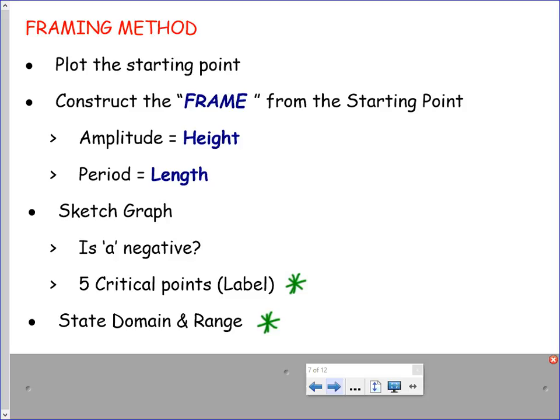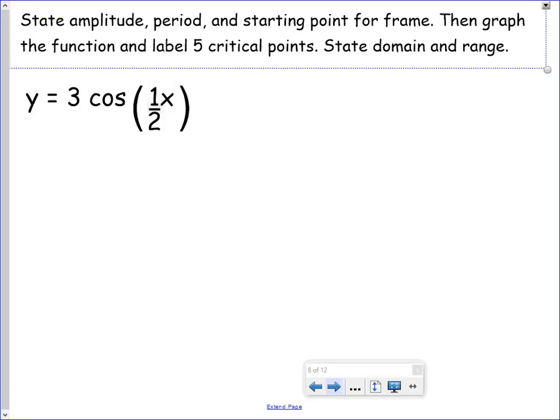Okay, so let's do a graph. Y equals 3 times cosine of 1/2 x. Do the work that you did yesterday. Find the amplitude. Find the period. Find the starting point.